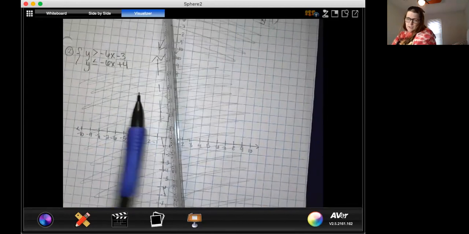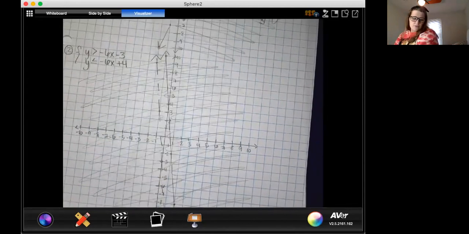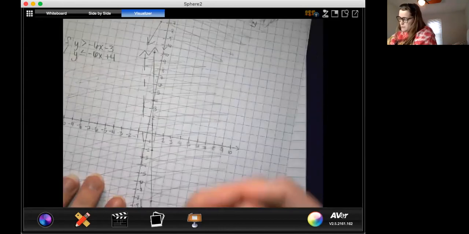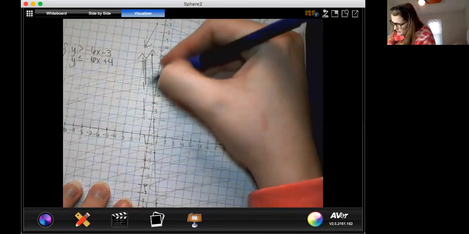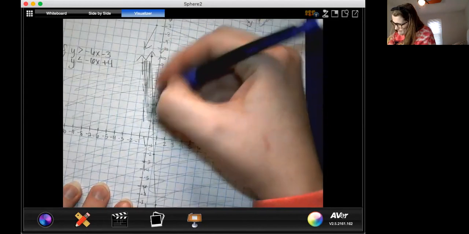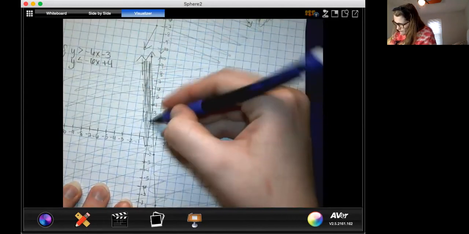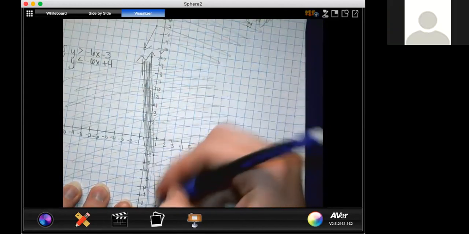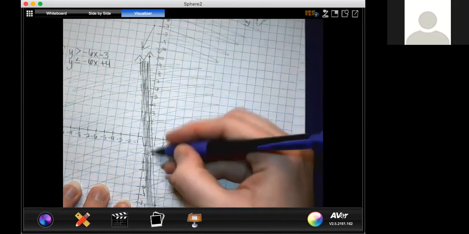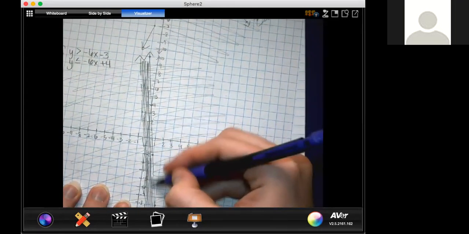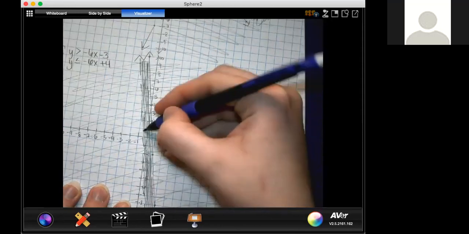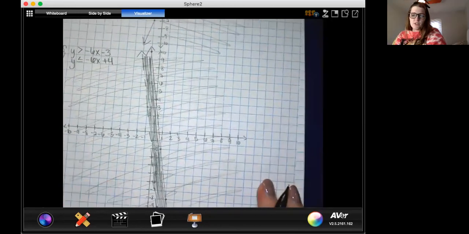My second line I shaded to the left. So therefore, where does it meet up? It meets up in the middle. Really? Yup. How? I thought it wasn't touching. Well, the lines don't touch, but the shading did.